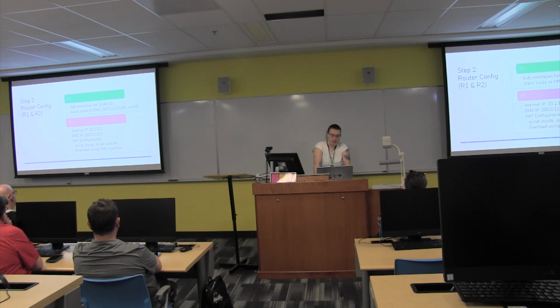NAT overload using an ACL, like permit 192.168.10.0. Yeah, that's how that works. Then I set a static route pointing to R2 for any DMZ traffic.